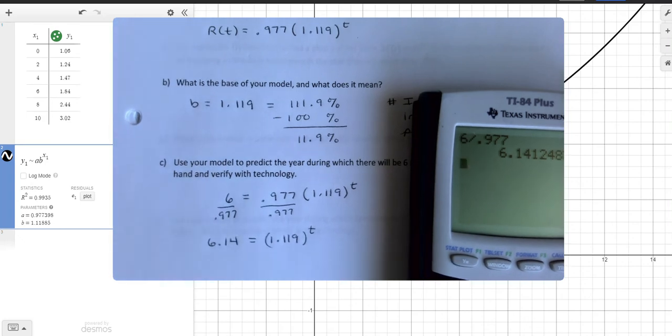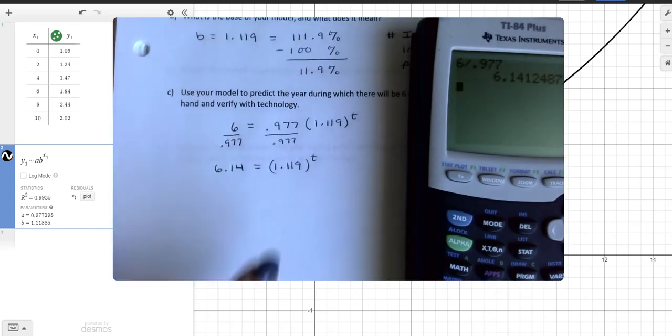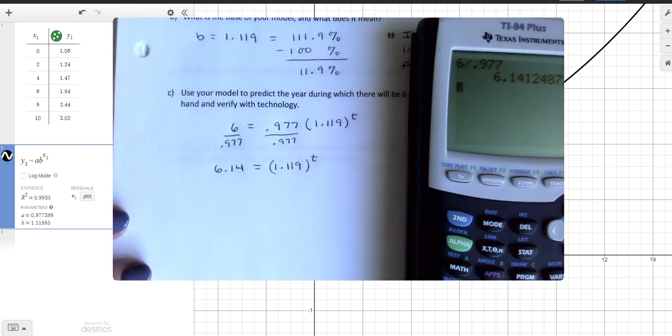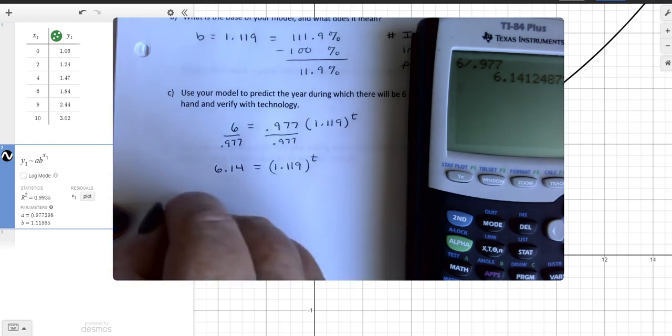And then I need to get the t by itself. To do that, I have to get rid of an exponential, base 1.119. The inverse would be a log, base 1.119.